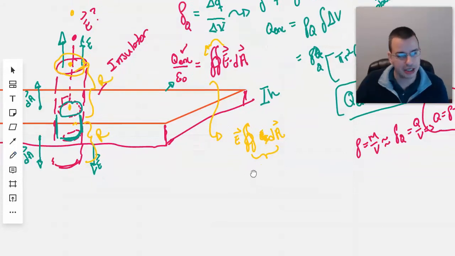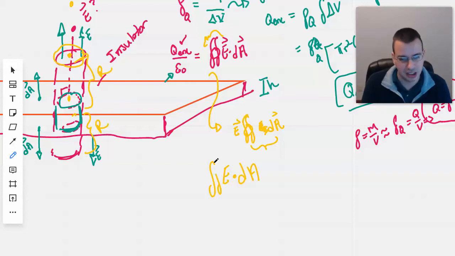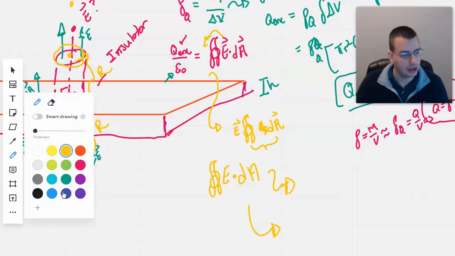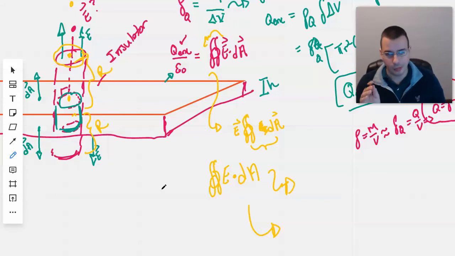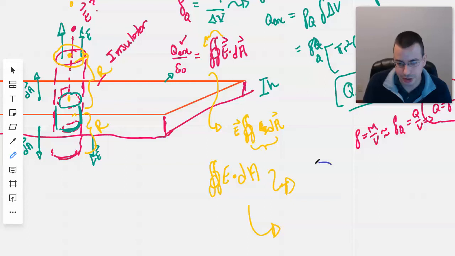We actually have to break this up into two parts. It was unfair for me to pull out this E, so I'm going to go back and address that a little more. This yellow is not a fun color, so I'm going to head back to blue. We should really break this up into two parts. First, the electric field looking at the top, this part right here.